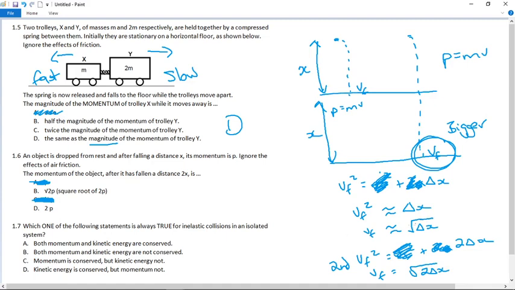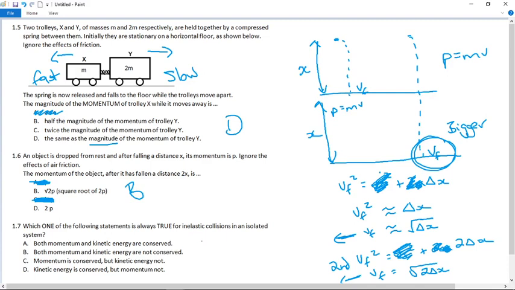So what is the difference between this Vf, which we use to calculate P equals mv, and this Vf? The difference is root 2, so the answer is going to be B, the square root of 2p, because that is how my velocity changed. My velocity for double the distance is root 2 times bigger.